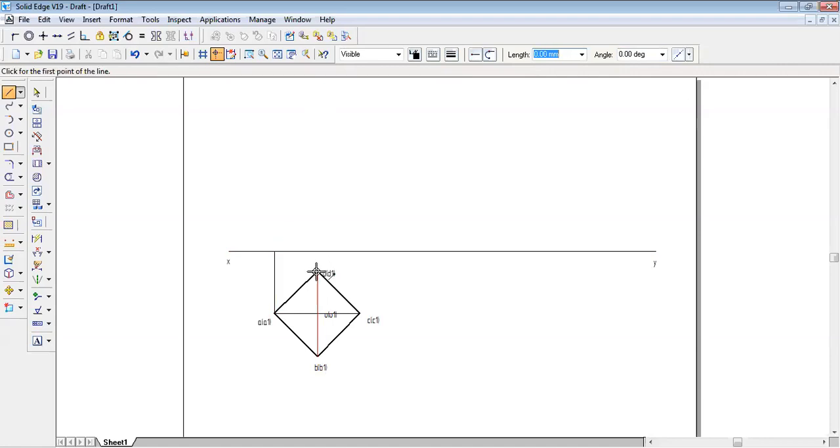Draw the projection lines up to here. So it's resting on corner, so right side corner should come here like this. Okay.